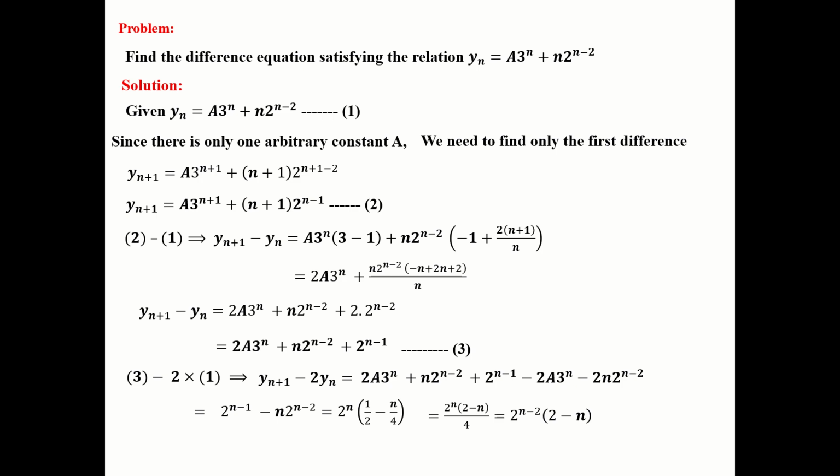So grouping that, 2 power n minus 2 into 2 power n. So yn plus 1 minus 2yn is equal to 2 power n minus 2 into 2 minus n, right? So this is the equation, right? That is the difference equation in which there is no arbitrary constant, right?